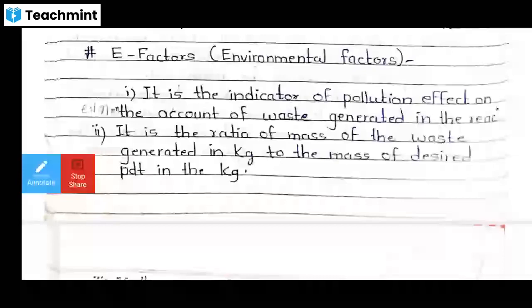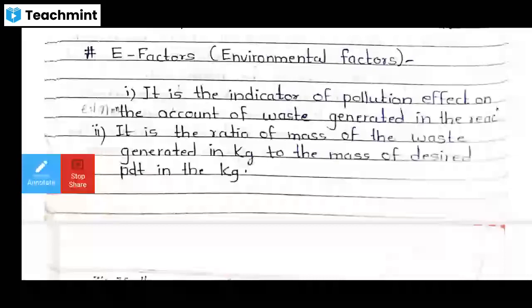So at that time we have to focus on the reaction methods in such a way that we get the maximum quantity of product and little byproduct, or otherwise only the product, no byproduct. This will help us get an environmentally benign product.